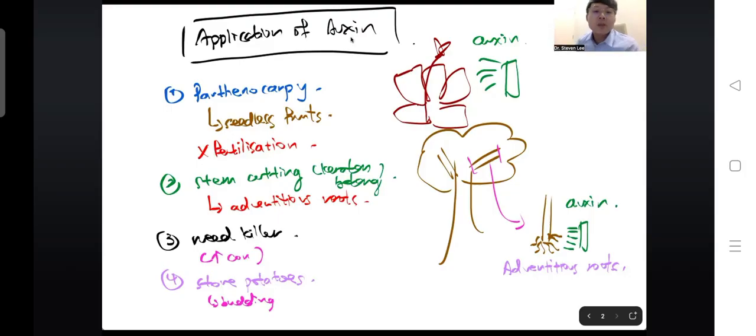If you remember, is auxin more for apical dominance or more for lateral dominance? Apical dominance. If you came to my class last week, you will understand the meaning of apical dominance.